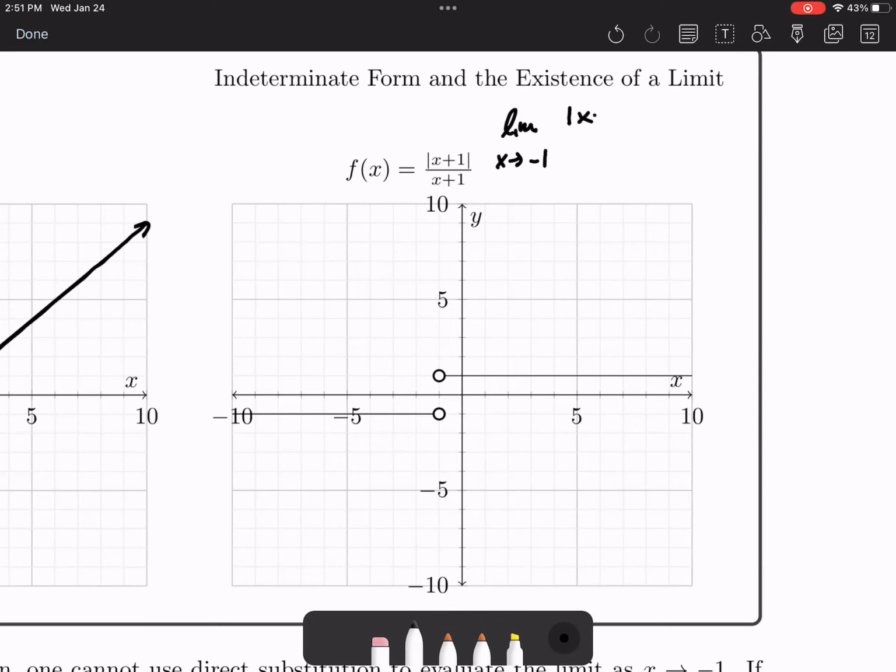If we attempted to take the limit via direct substitution, then we would get absolute value of -1 plus 1 over -1 plus 1. -1 plus 1 is 0. Absolute value of 0 is 0. -1 plus 1 is 0. So here we also get the indeterminate form of 0 divided by 0, but the graph of this function has a limit that does not exist.